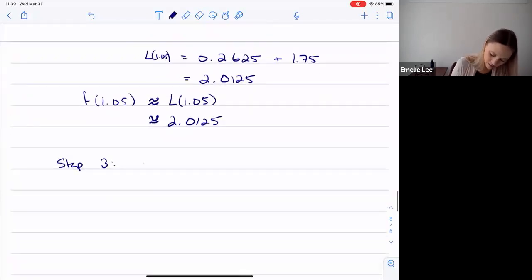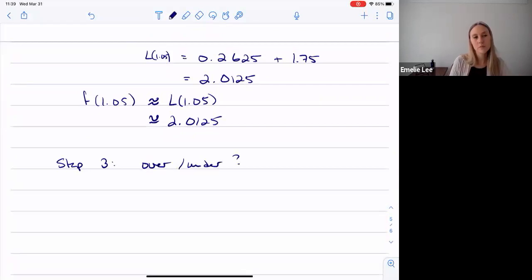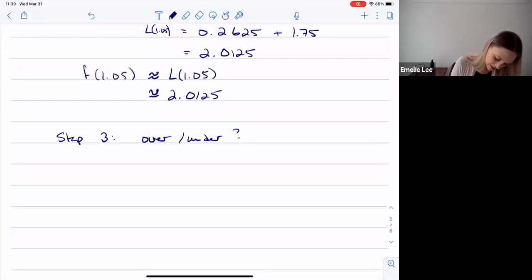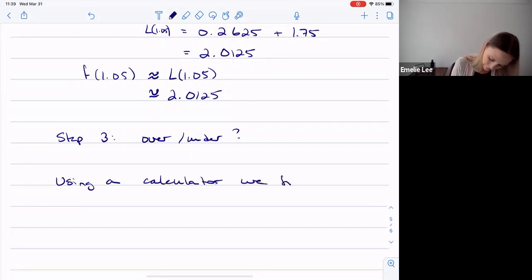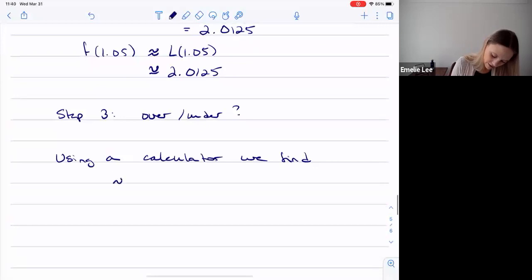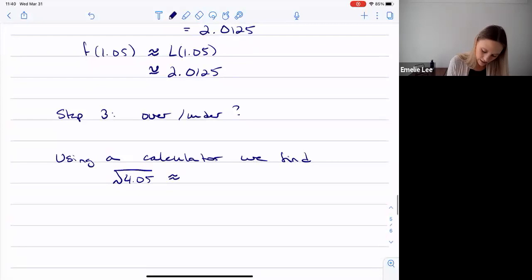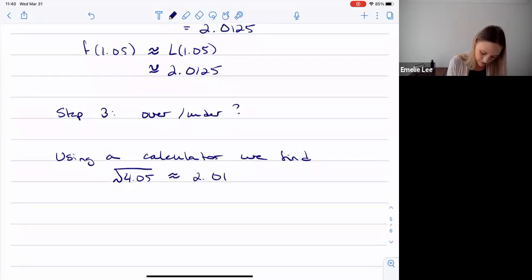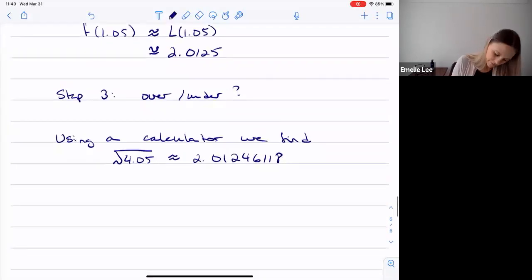Using a calculator, we find that the root of 4.05 is roughly 2.012461118. Therefore, we have an overestimate again.